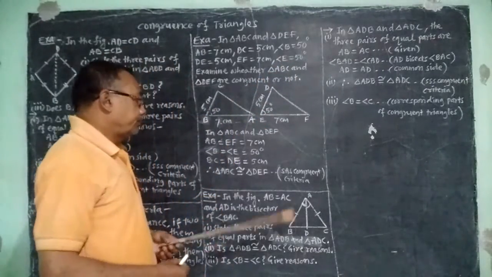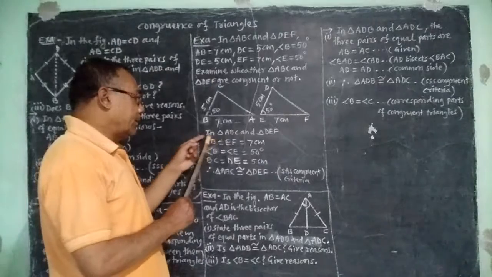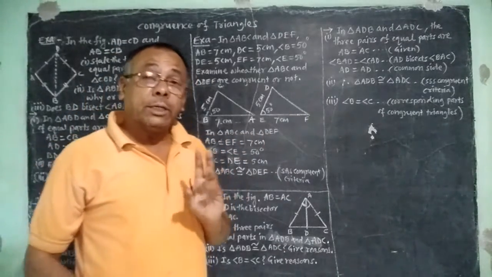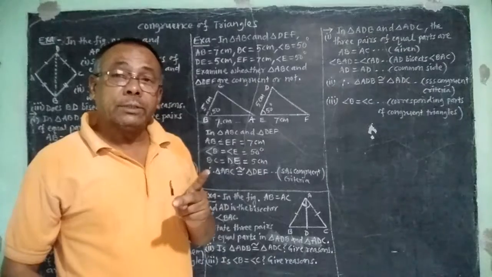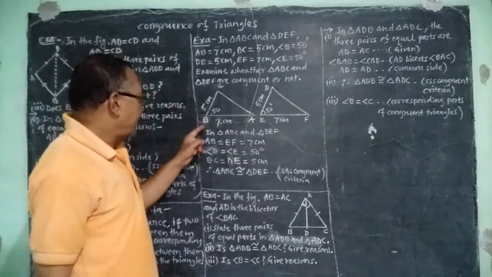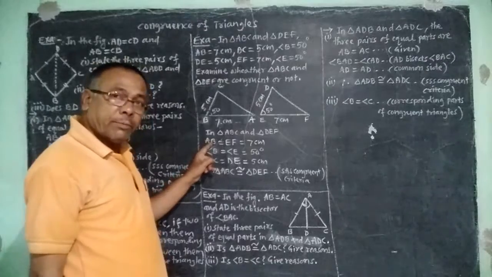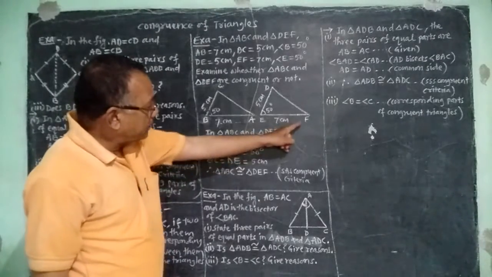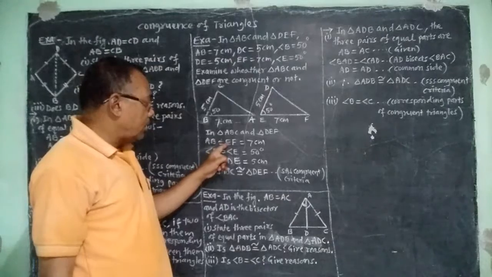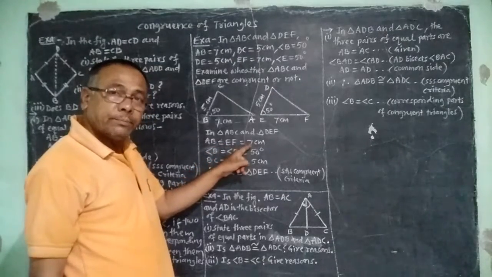So here we can write, in triangle ABC and triangle DEF, we have to take the corresponding sides or corresponding angles. So here AB is 7, and in the figure EF is 7, so AB is equal to EF is equal to 7 centimeter.